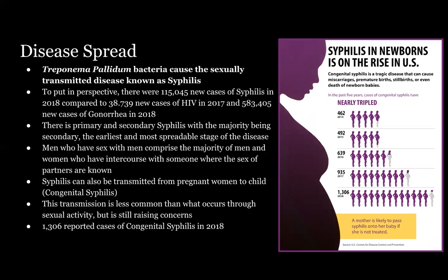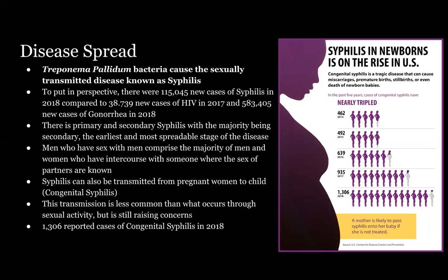Of all syphilis cases, 35,063 were primary and secondary syphilis, and these are the earliest and most transmissible stages of the disease. In 2018, the majority of primary and secondary syphilis cases occurred among gay, bisexual, and other men who have sex with men.